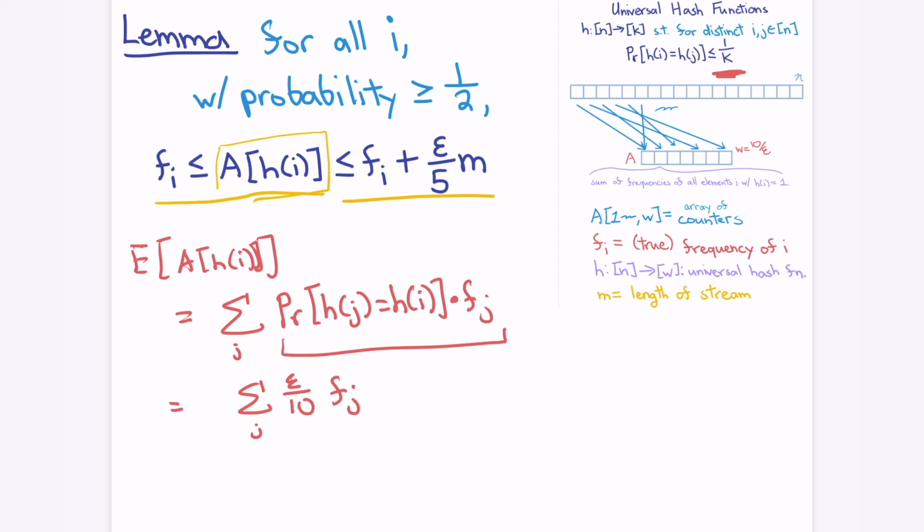Is that correct? There's one key that has to be distinguished. Yeah, itself. So this sum is only over the other keys, plus you have f_i. Okay, good.